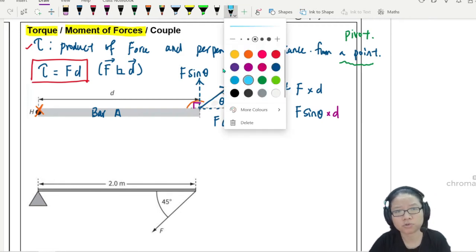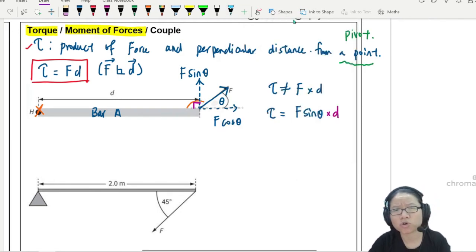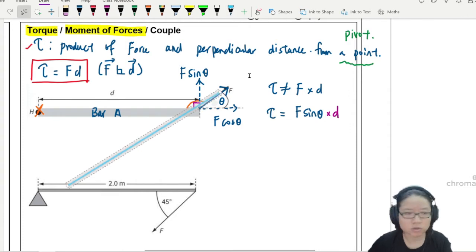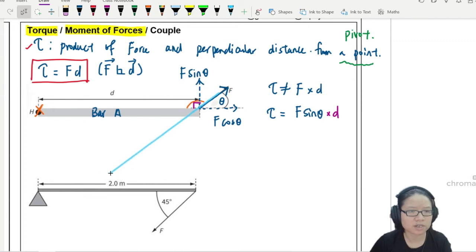Well, let me show you a geometry. So I'm going to extend this line of force a bit to the best of my ability, which is what I'll suggest you do. If you can't really see where the perpendicular distance is, I will extend this until somewhere maybe here.